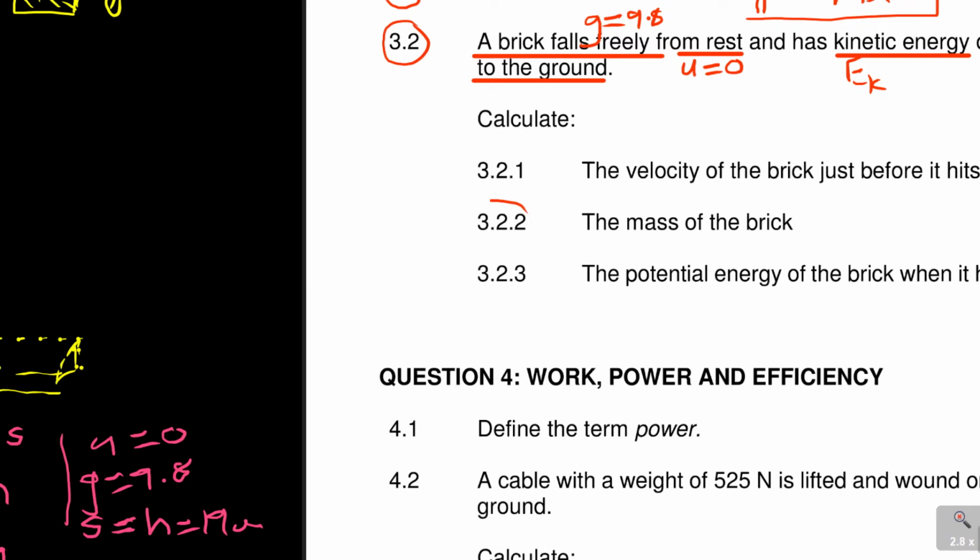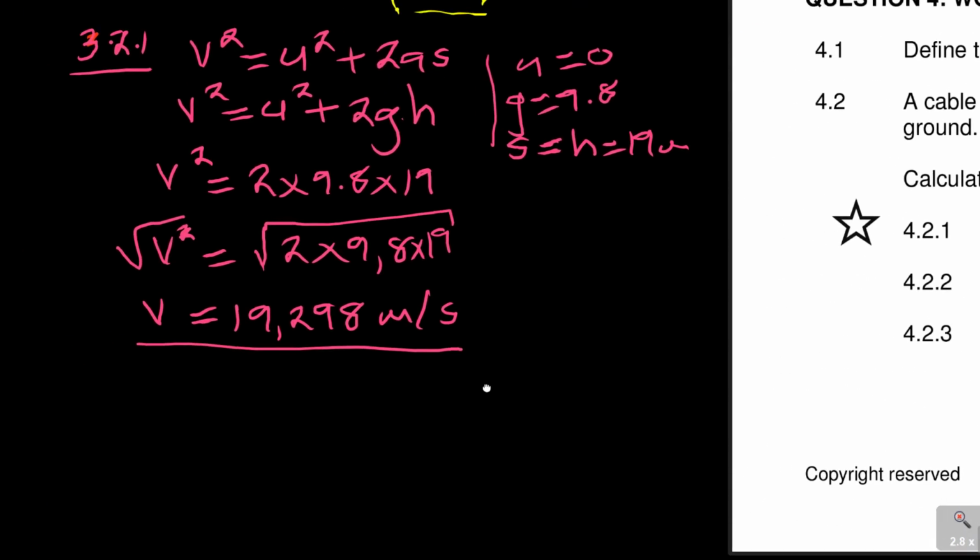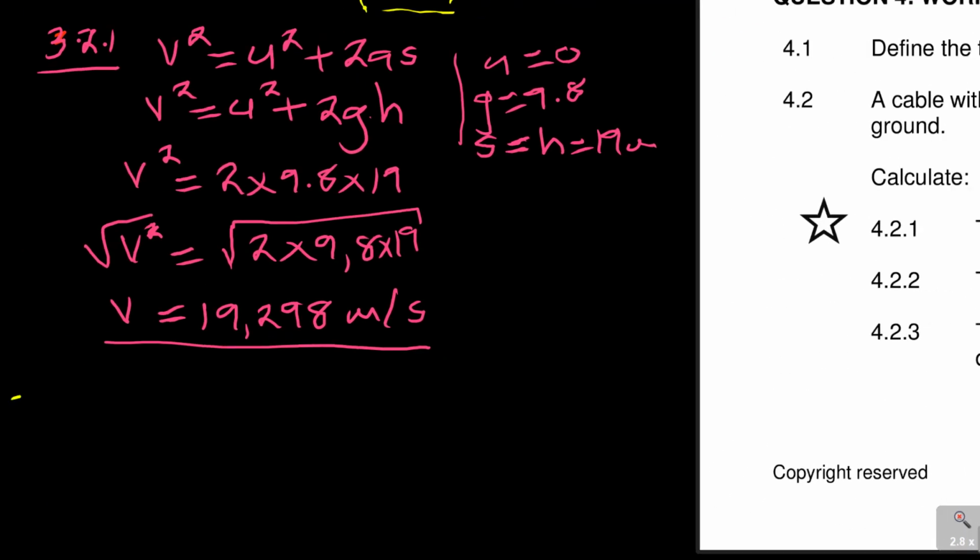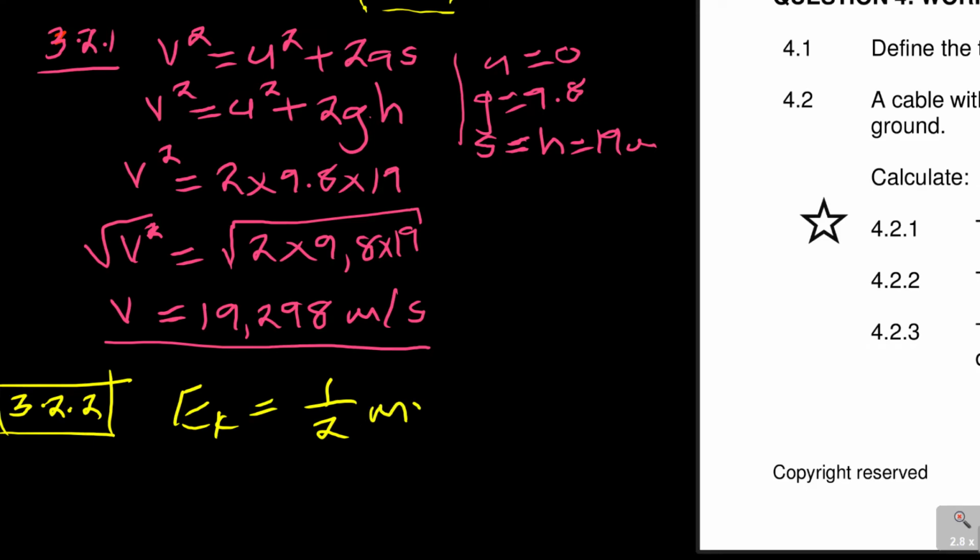You see now, it says the mass of the brick. That's where we come back and say, remember, I said there was the other formula for 3.2.2. We had the other formula, which was what? Kinetic energy, EK, from the formulas is equal to half mv squared.